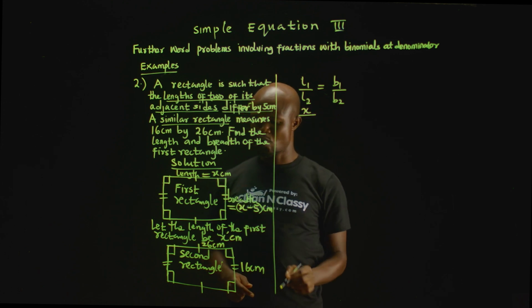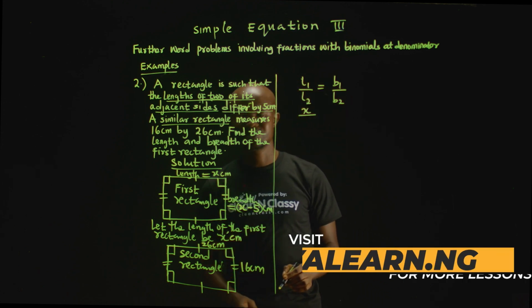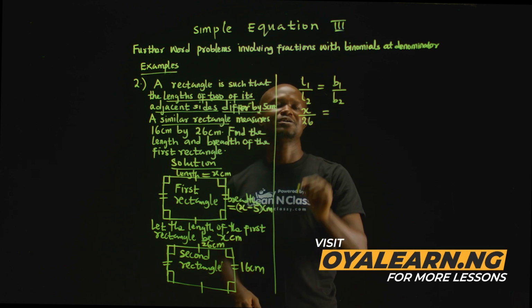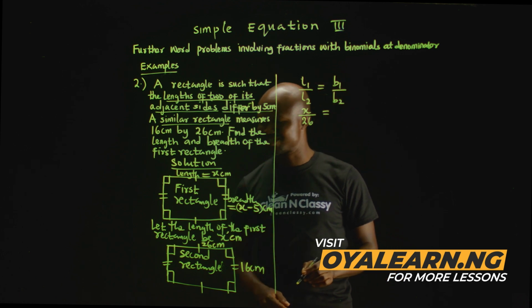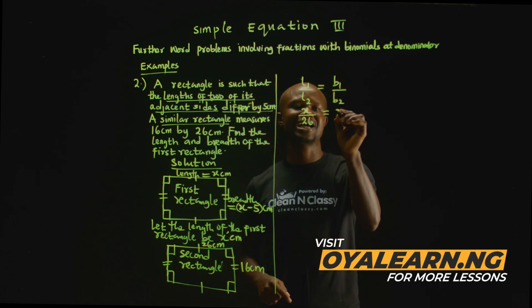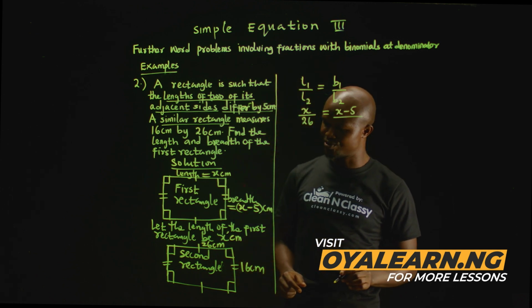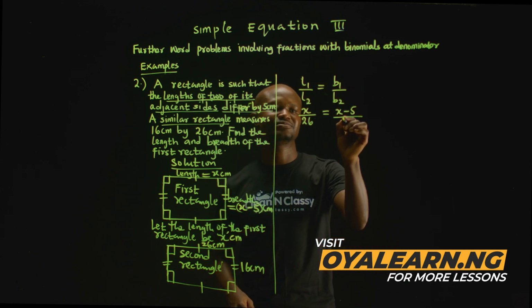So in this case, what is the length of the first rectangle? x. What is the length of the second rectangle? 26. What is the breadth of the first rectangle? x minus 5. And the breadth of the second rectangle is 16.